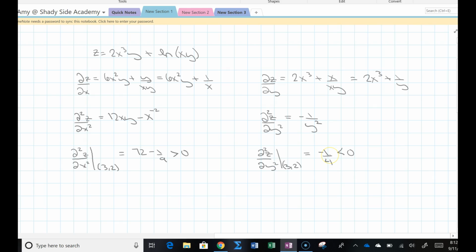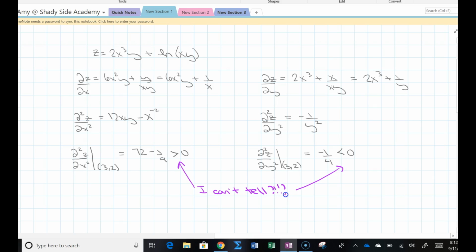Okay, right there. And I found the appropriate derivatives. And what I have here is that the surface is concave up in the x direction, concave down in the y direction. And if I were a gambling woman, I'm guessing that you all said, well, based on these two results, I can't tell, right? It's inconclusive. I don't have enough information.